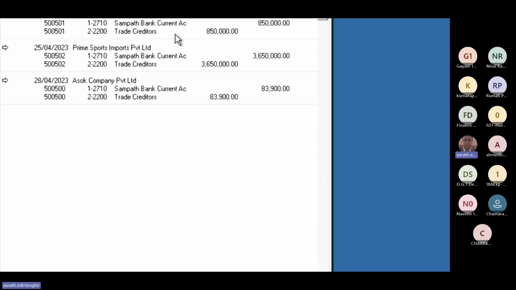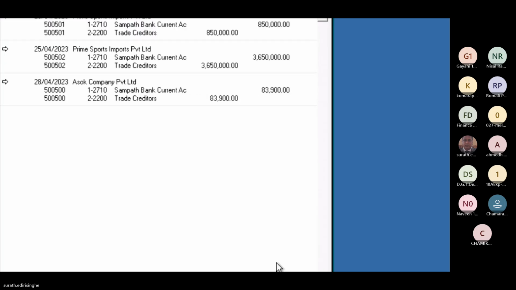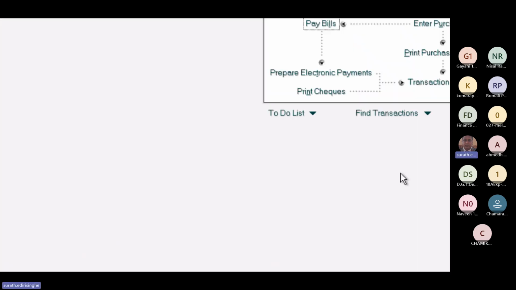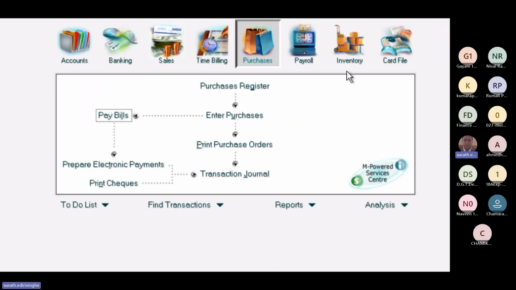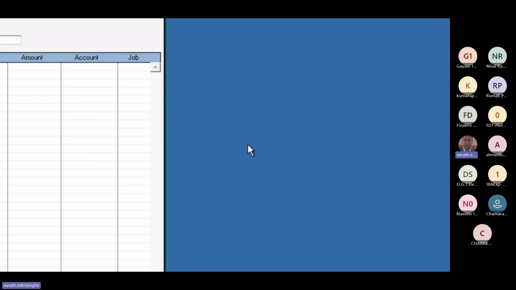Journal entry. Now transfer these assets to the property, plant and equipment. Inventory. Inventory adjustment. Adjust inventory.